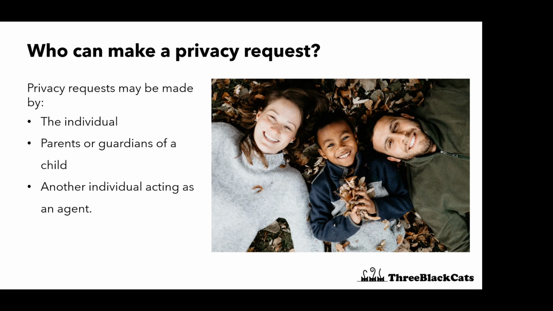The last thing you want is your organisation releasing the home address of that child if there is something like a protection order in place, or if you know there is domestic violence, etc. So we'll talk a bit more about how we confirm that later. Some pieces of legislation, the Health Act being one, have specific provisions about parents and guardians getting access to information about children. So make sure you check your own legislation if you are a government entity.